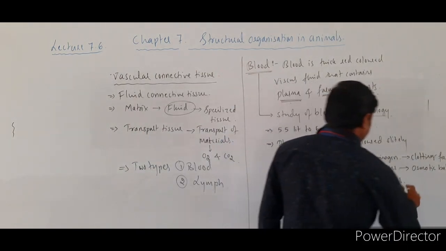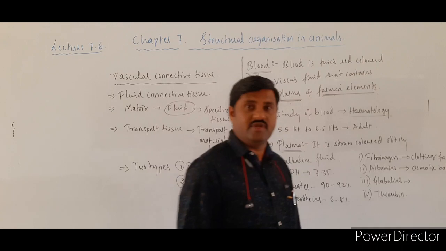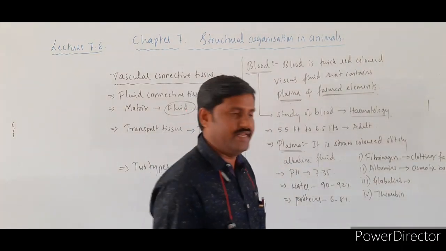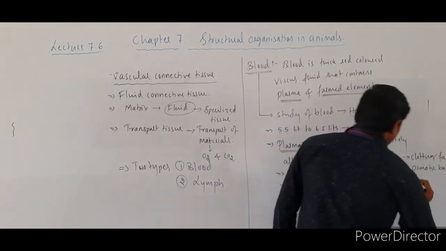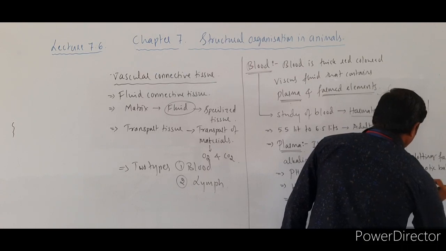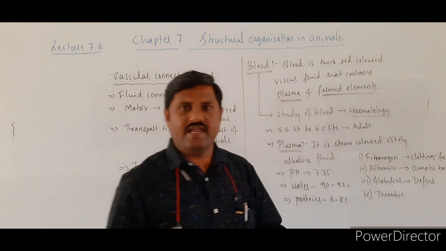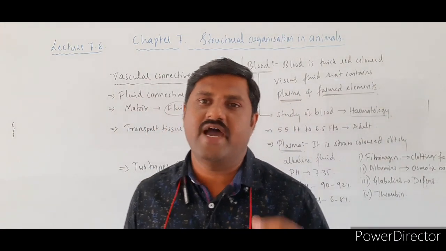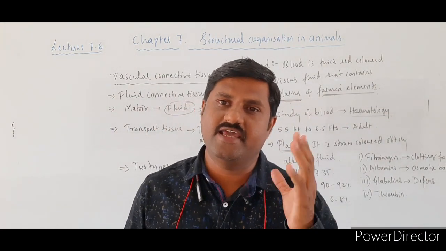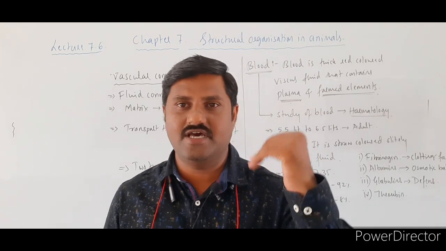And globulins, especially the immunoglobulins, are the type of globulins present in the blood. They help in defense. Defense means they can fight against the microbes or the infecting agents that attack the body.